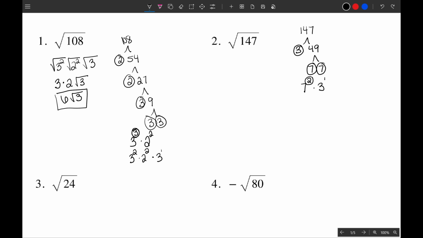So 7 squared is a perfect square, and 3 to the first, that's a prime number. So I have my perfect square of 7 squared times the square root of 3. The square root of 7 squared is 7, and then my square root of 3, that's my prime number, will stay underneath the root.